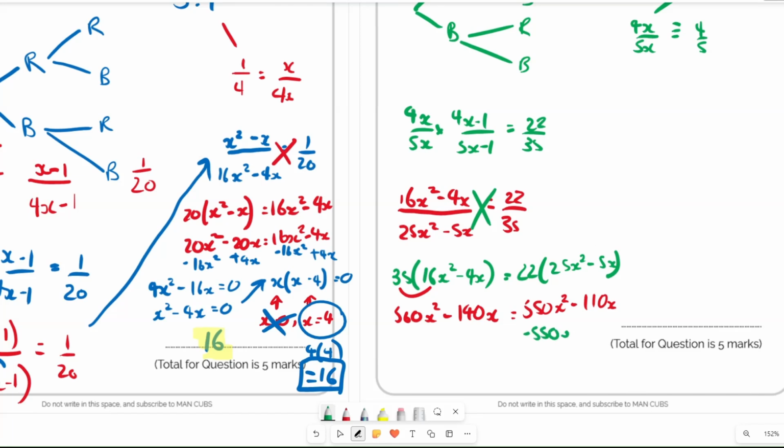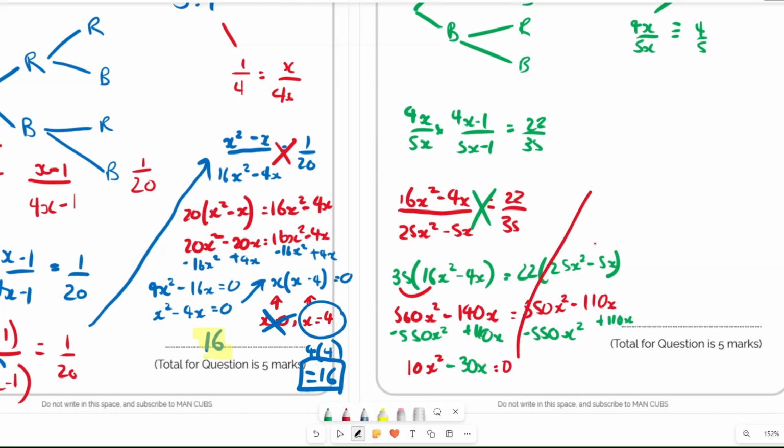So if we subtract 550x squared from both sides, then we're going to get 10x squared, and let's do this in one go like before. If we add 110x to both sides, then minus 140x, sorry, plus 110x is going to be minus 30x equals 0.